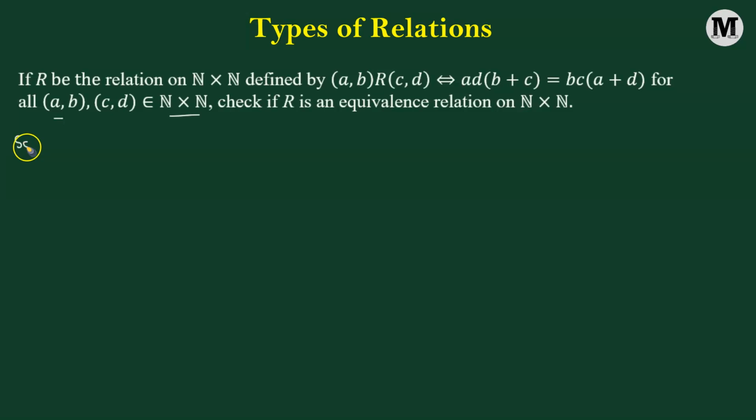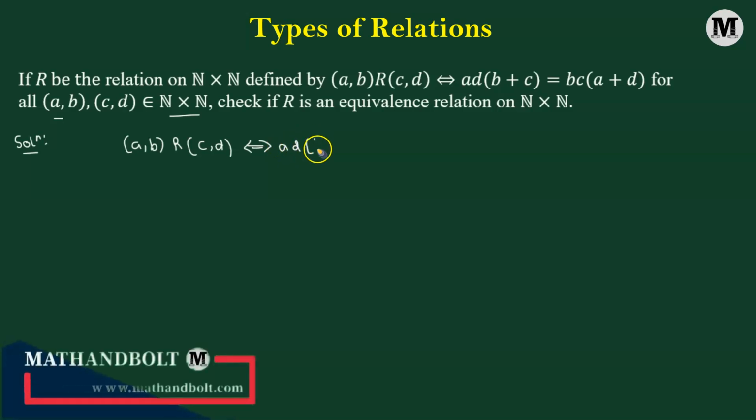Okay, let us begin. Here we have the ordered pair (a, b) related to the ordered pair (c, d) by the equation: if and only if ad multiplied by (b + c) equals bc multiplied by (a + d).